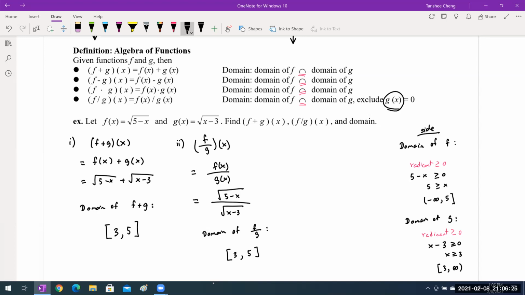Any x value that is going to make the denominator function equal to 0, we need to exclude. In this case, looking at the denominator, x cannot be 3. So therefore, we are not including 3. And that is the difference between part A and part B on this problem. So you need to be extra careful with what algebraic functions we are talking about, and then consider the appropriate domain.